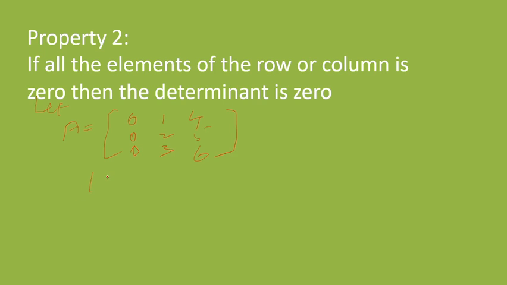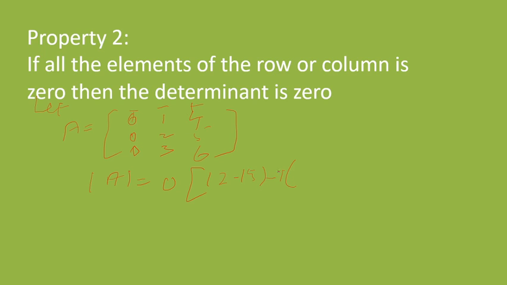So what will be the determinant of it? When you do the determinant, you will have positive, negative and positive signs. I have taken a 3 by 3 matrix here. So 0 into, closing row and column, 12 minus 15, that's the first one.